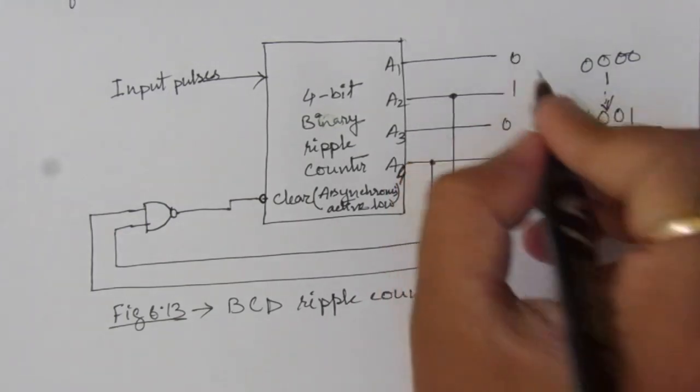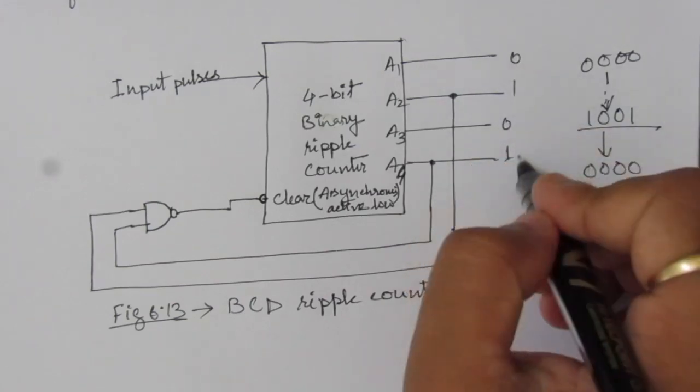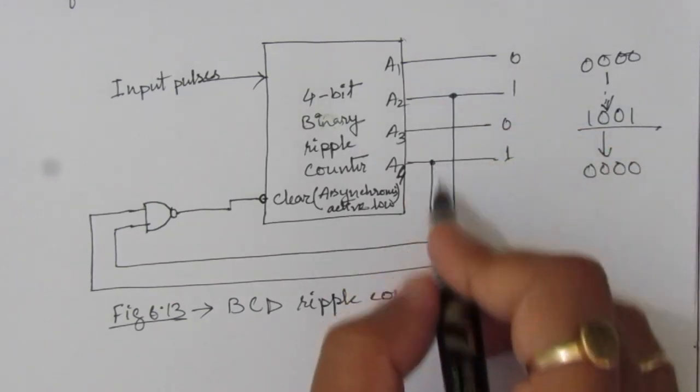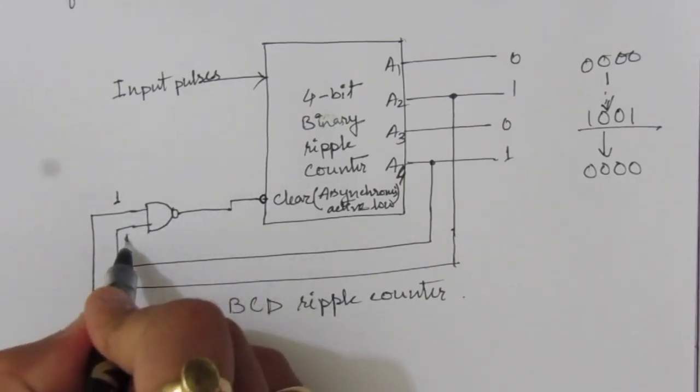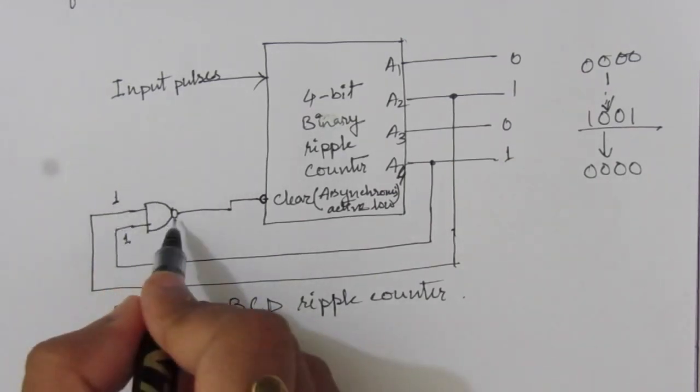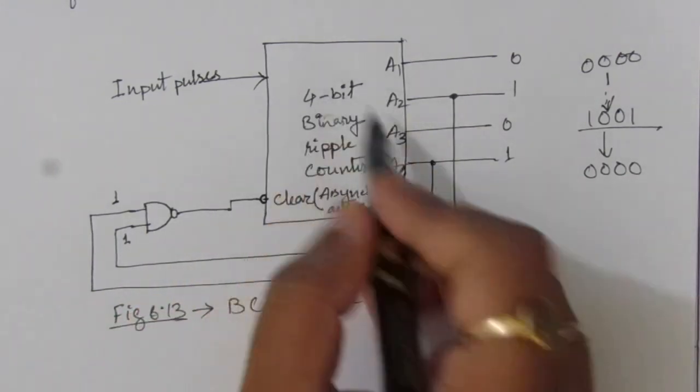Whenever we get 1010 at the output, these two values are 1, so they are fed back through a NAND gate. So here we have 1 and 1. What will happen when we have 1 and 1? The output will be 0. Here we have an active low input, therefore this circuit will be reset to 0.